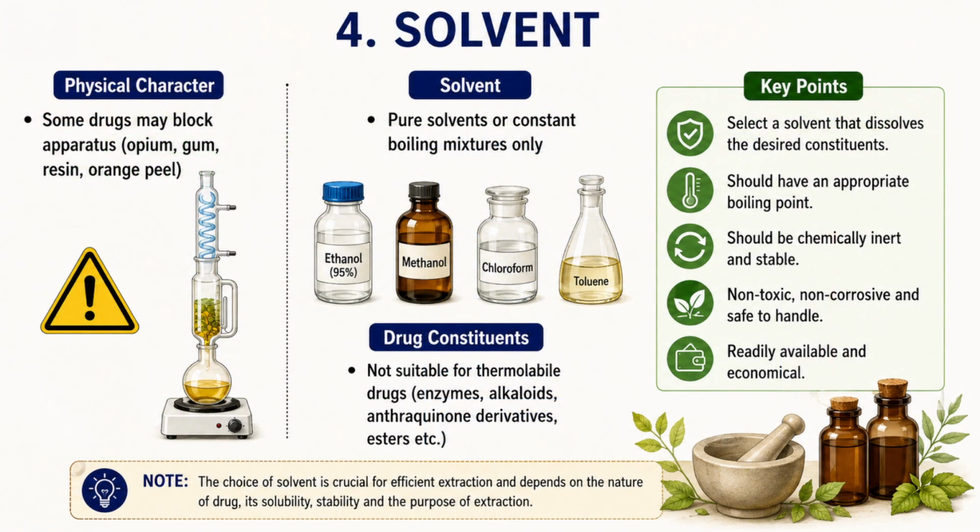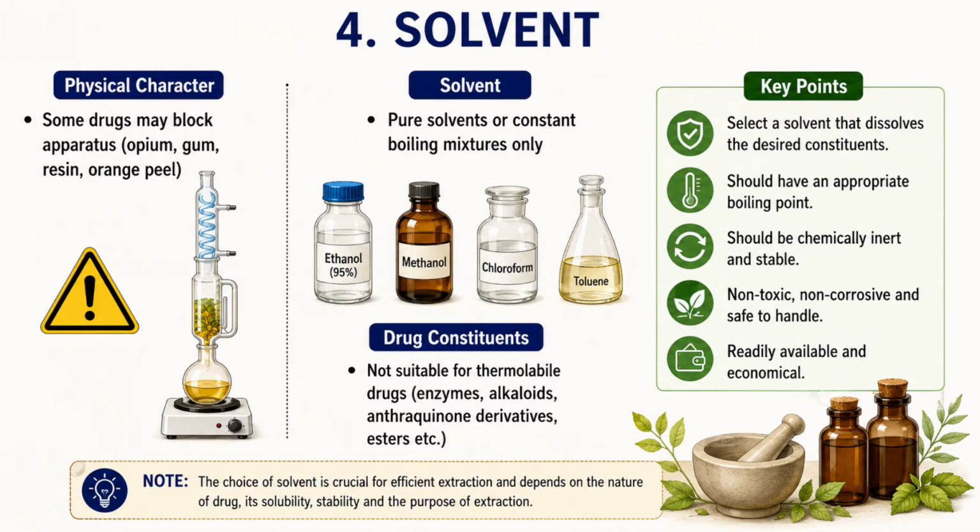Solvent. The solvent is one of the most important factors in extraction. A good solvent should dissolve the desired constituents effectively here. But selection also depends on the safety, boiling point, cost, and compatibility. So the principle, like dissolves like, can help us understand the solvent selection here.